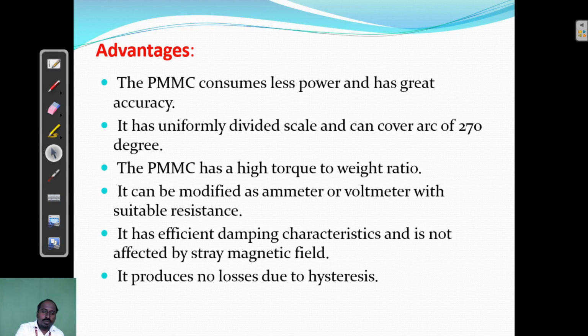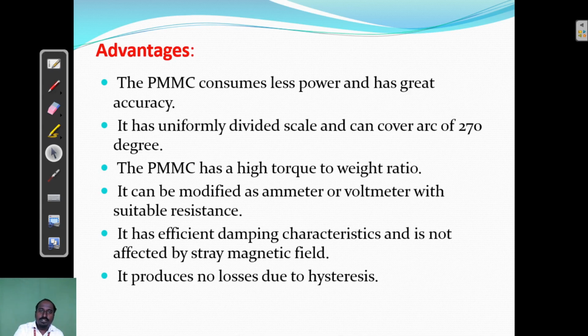And then the fourth point is, we have already seen, it can be modified as an ammeter or voltmeter with suitable resistance connection, low resistance shunt or high resistance series connection. Next, it has efficient damping characteristics. So damping is needed to stop the motion of the coil.